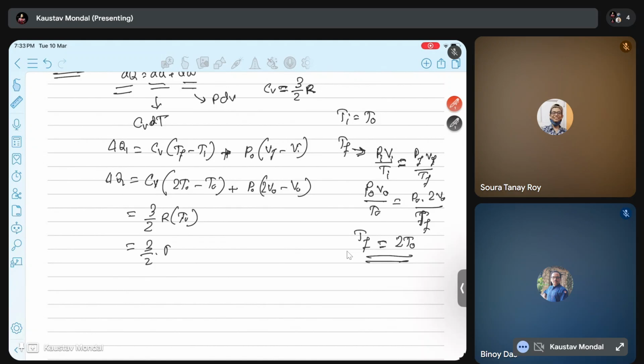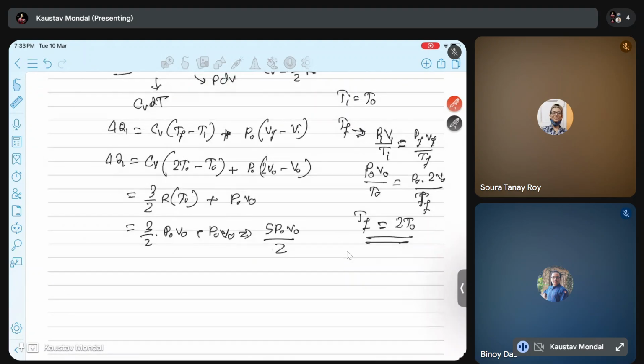So 3 by 2 into P0V0, plus the second term becomes P0 into V0. It would become 5 P0V0 by 2. Okay, now for the next process, this is delta Q1.